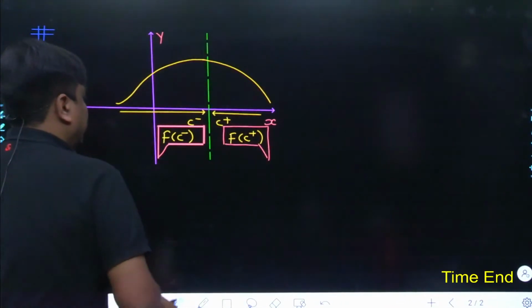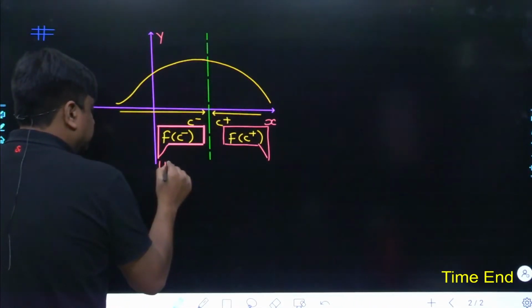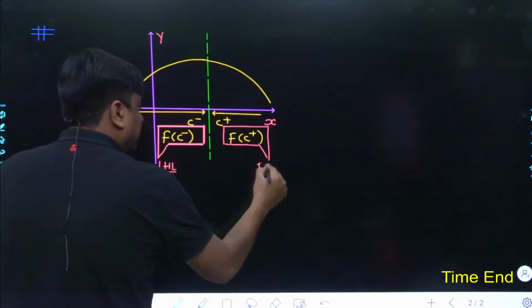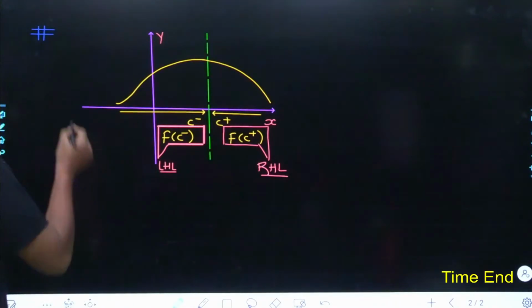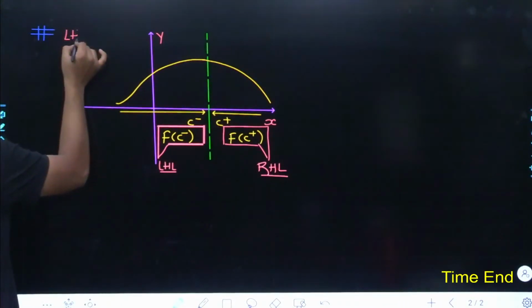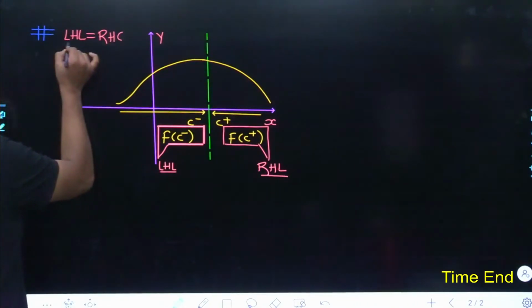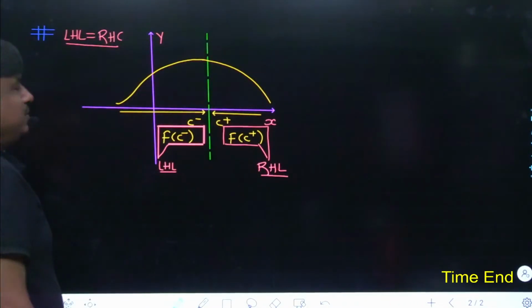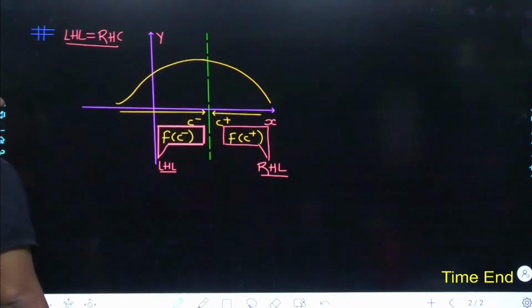Listen, this is called the left-hand limit, and this is called the right-hand limit. And if the left-hand limit is the very same as the right-hand limit, I say at my test point, which is x equals c, at least at this observation, it is found to be constant. Agreed? So the limit does exist in this case.